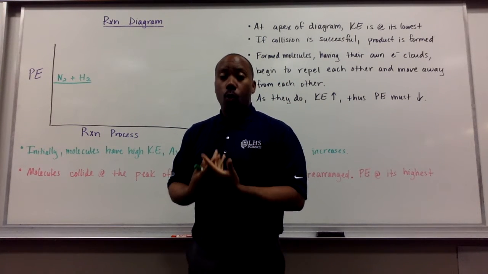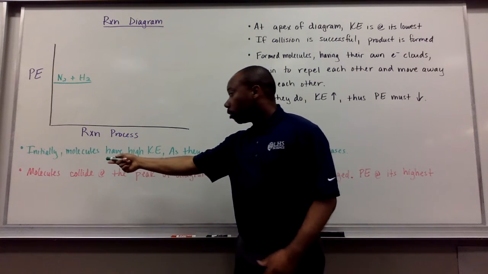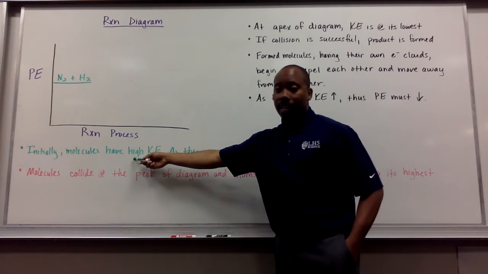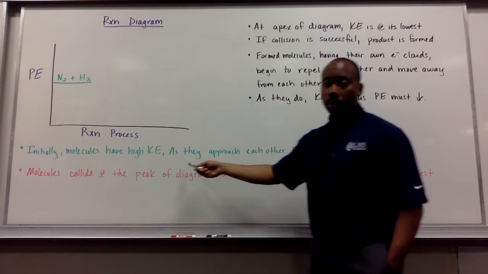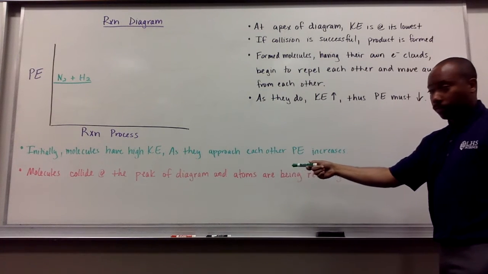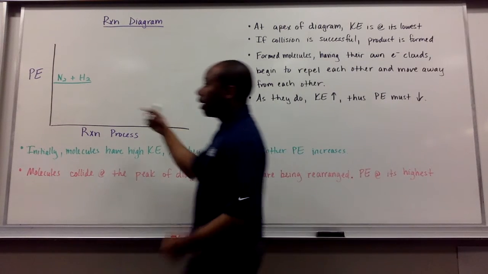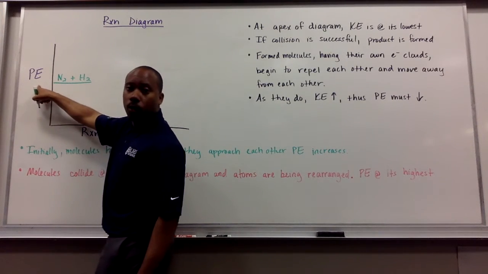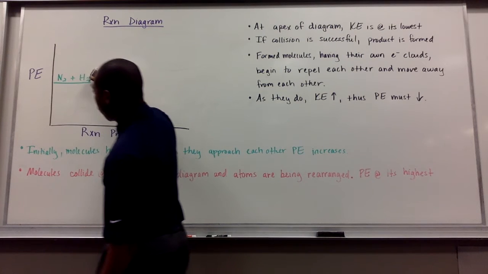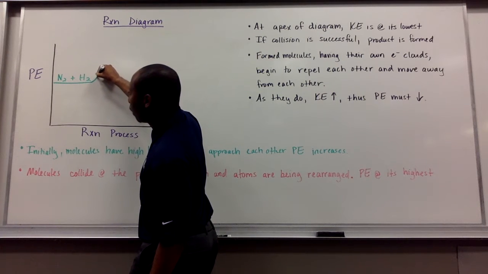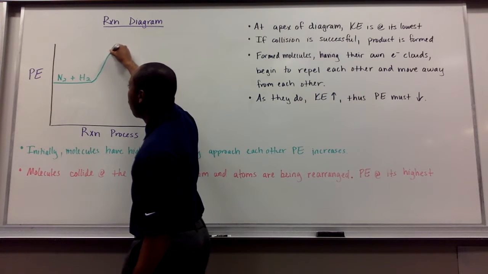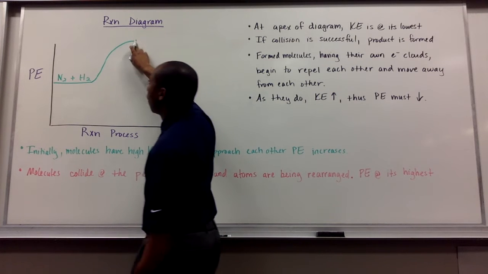Here in green, when the electron clouds start to repel, that high kinetic energy that they had before begins to diminish, and the potential energy starts to increase. That's represented here. We have potential energy on our y-axis. As they come closer to one another, potential energy begins to rise because they're repelling, but then they hit a point up here.